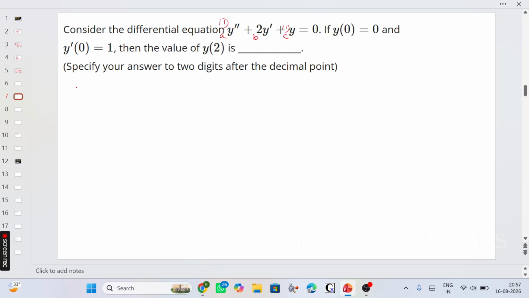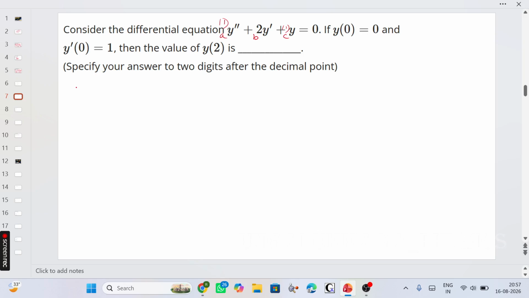Okay, so we know y of 0 is equal to a plus 0, because if I substitute x equal to 0, this term will become 0. So a is equal to 0 from the first initial condition.